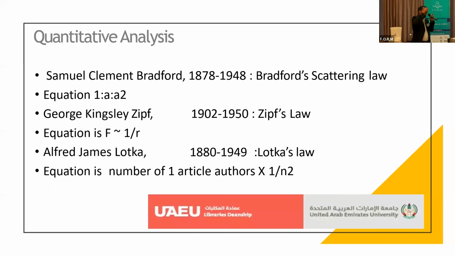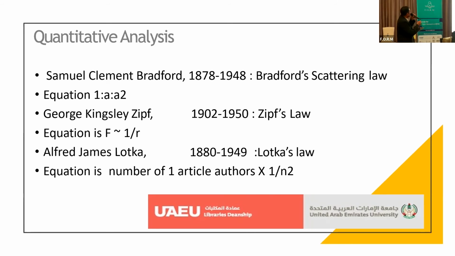So he arranged them in a scattering way, like the productivity on a given topic. Then he analyzed and categorized them into zones. The top zone, called the nucleus, has more articles on a particular topic. That was very easy for the librarians, actually, because they could just select those journals for that particular topic.